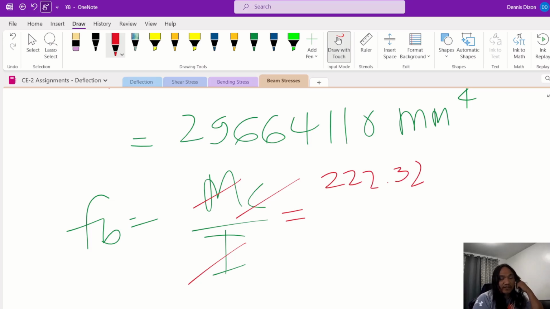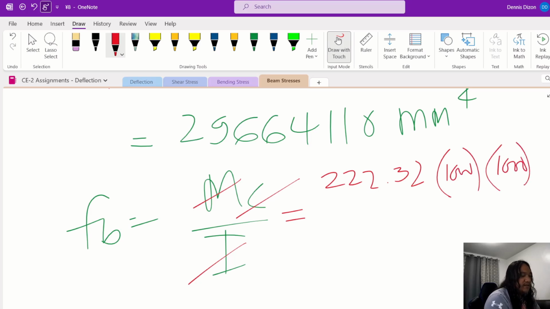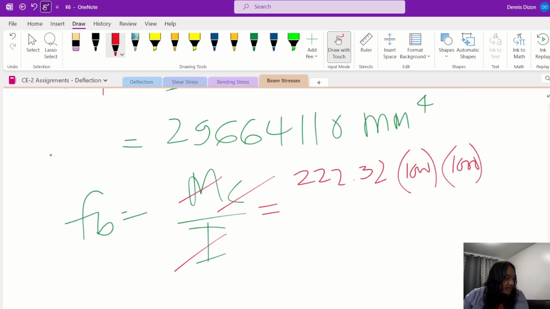So we will convert either the C and the moment of inertia to meter, or simply convert the moment from kilonewton meter to Newton millimeter. So this is times 1,000 for kilonewton to Newton, then times another 1,000 for meter to millimeter.